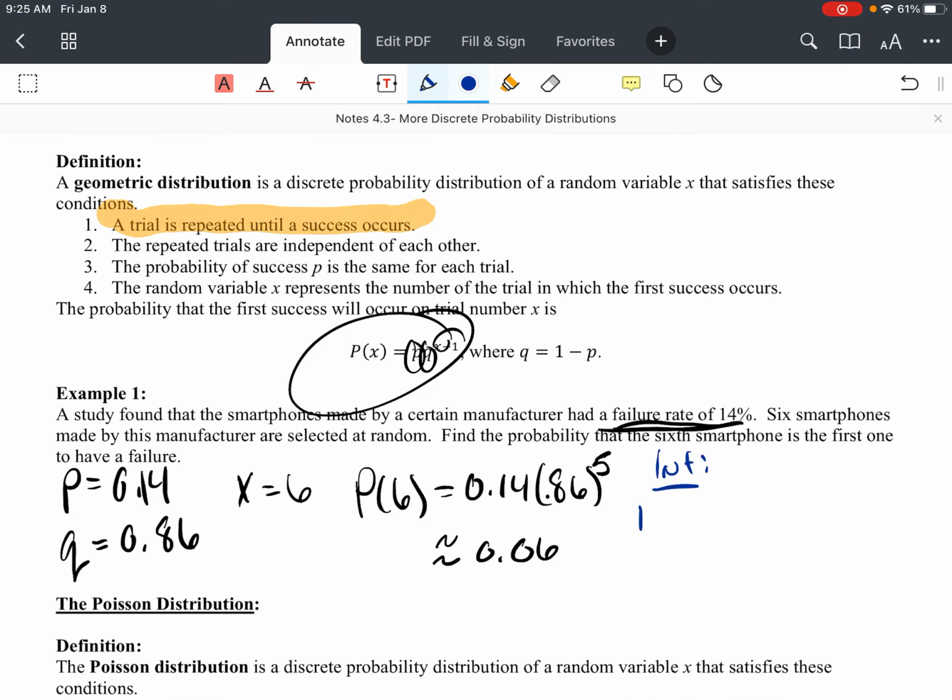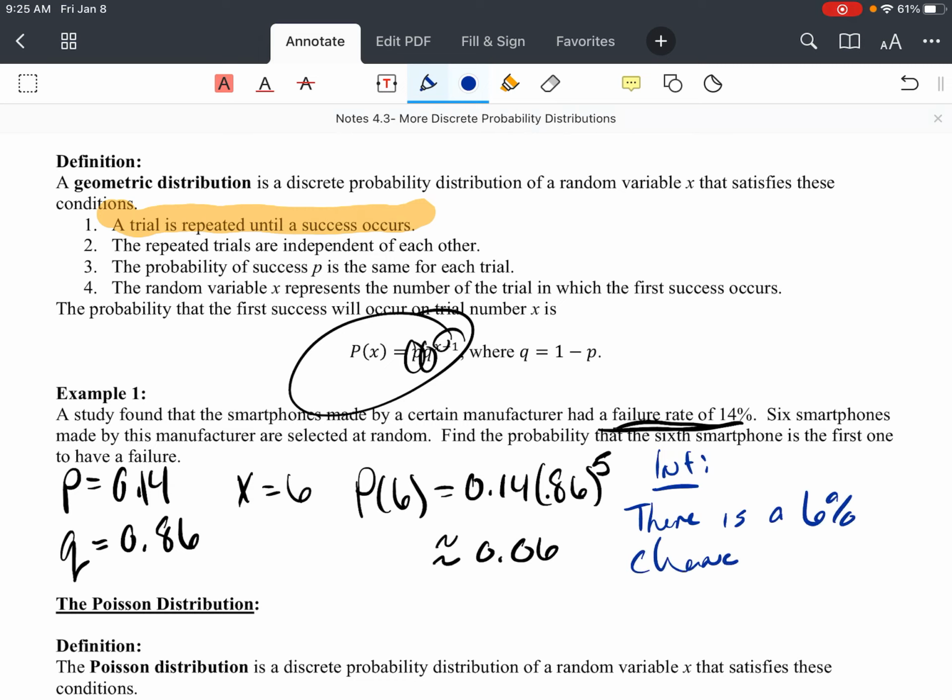What I would say is that there is a 6% chance that the failure will occur on the 6th phone. Or I should say, the first failure will occur on the 6th phone.